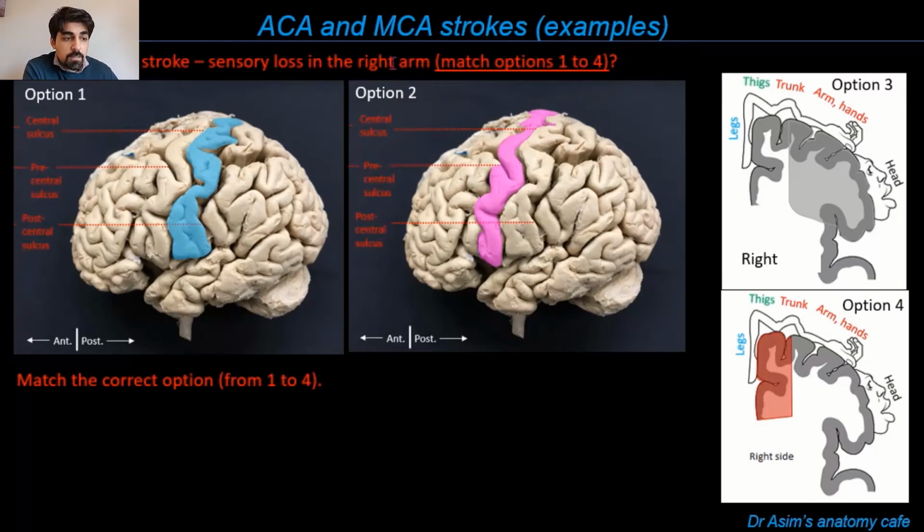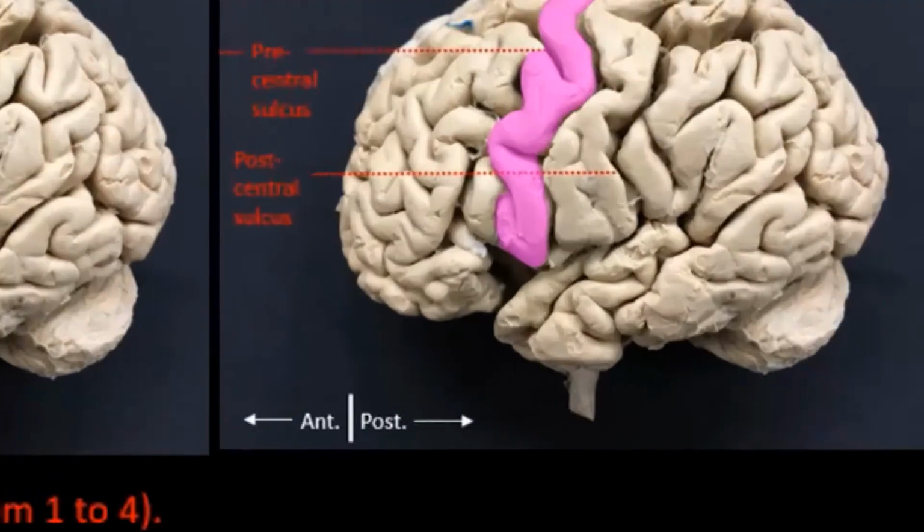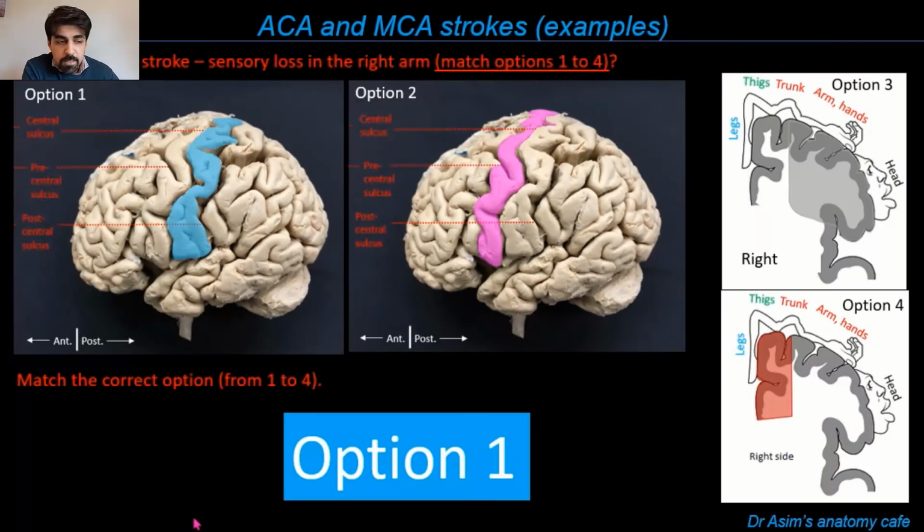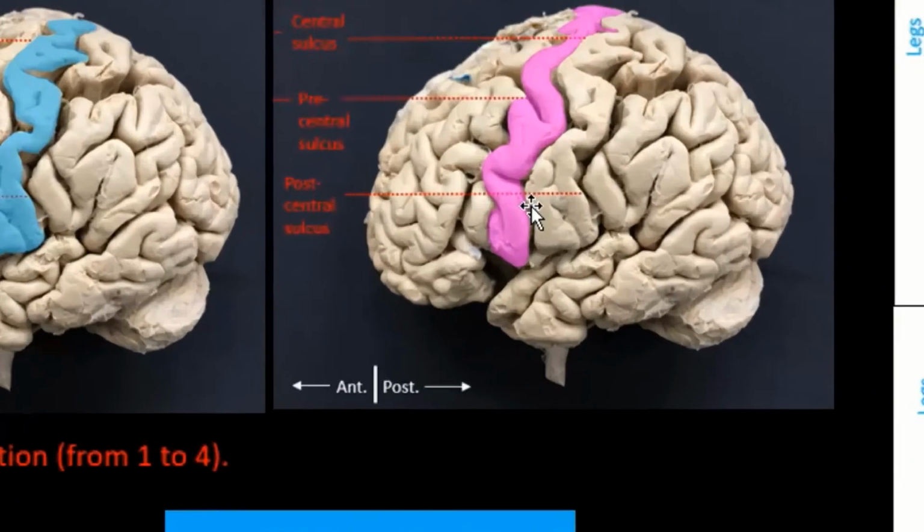This time the weakness is not elicited, and only a sensory loss is shown by the patient. So that means that the primary sensory area would be involved, and therefore option 1 would be the correct answer. The primary sensory area is involved, whereas the primary motor area or the precentral gyrus is apparently intact.